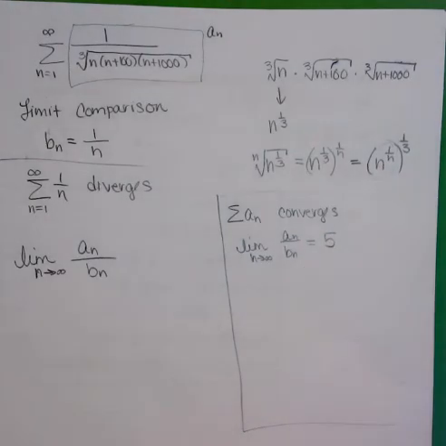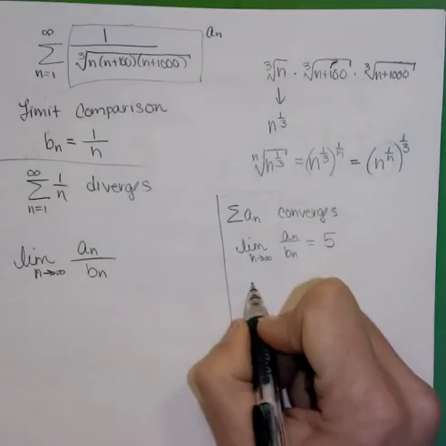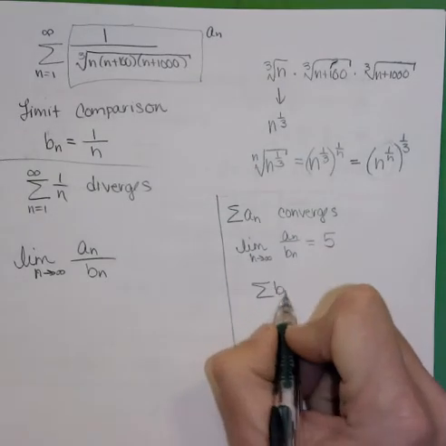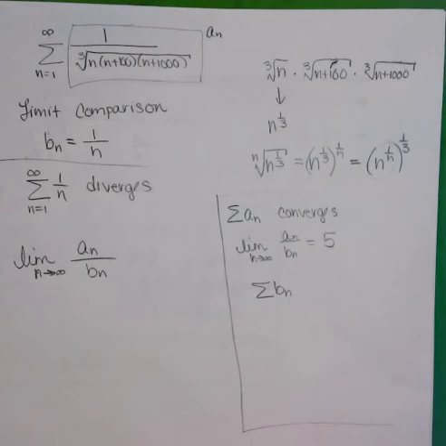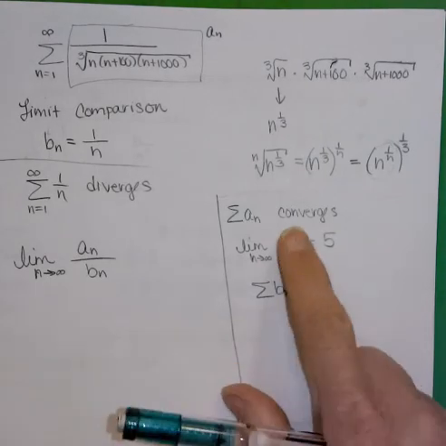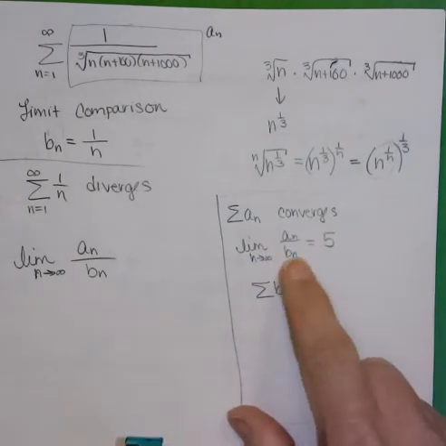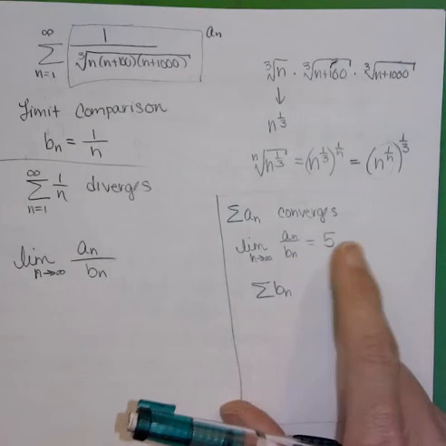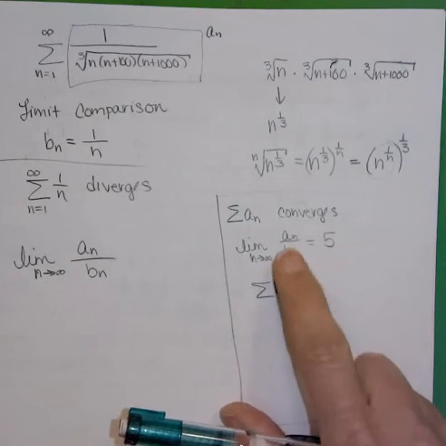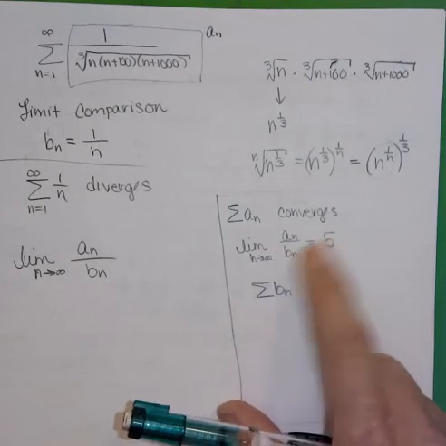Then do we know what happens with b sub n? It converges. What this is saying is that for really large n, the a sub n's are basically just 5 times the b sub n's.